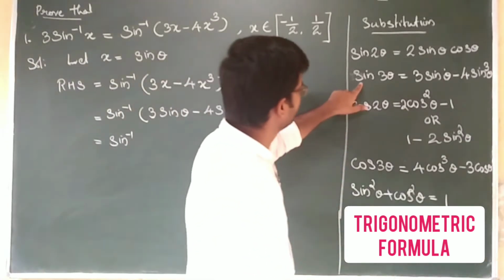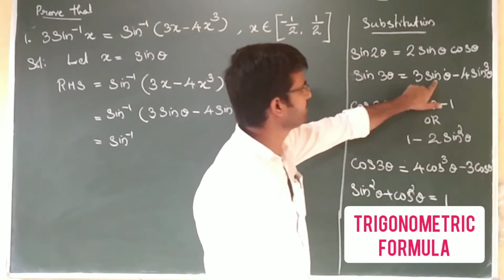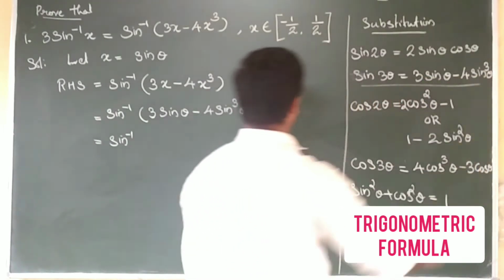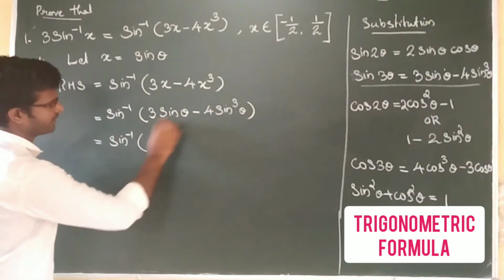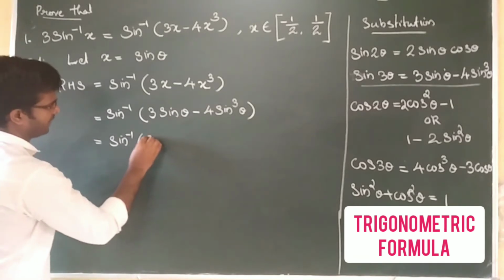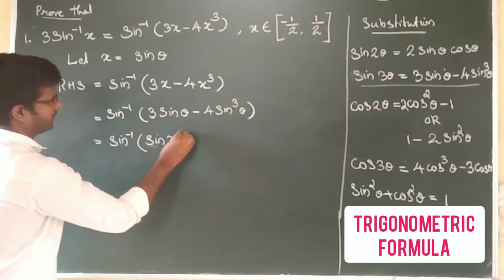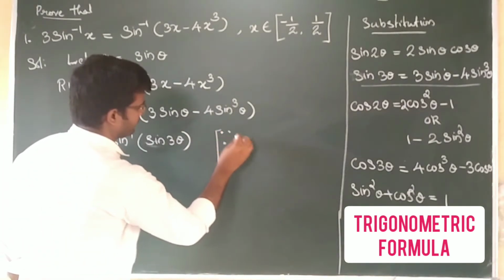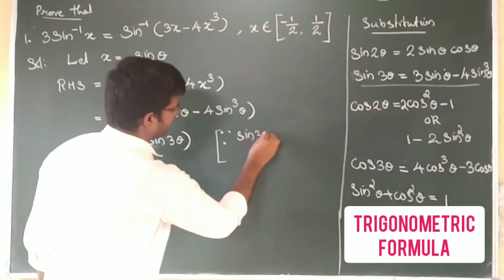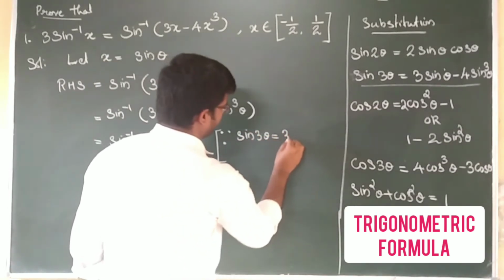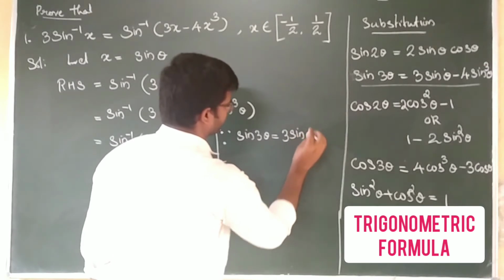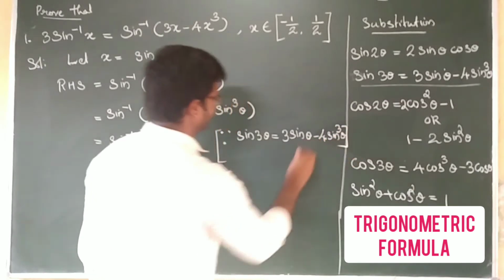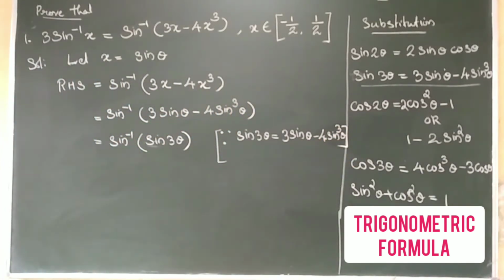You can see that sine 3 theta is 3 sine theta minus 4 sine cube theta, isn't it? This is the second formula. Using that formula, we can write inside the bracket sine 3 theta, since sine 3 theta equals 3 sine theta minus 4 sine cube theta.